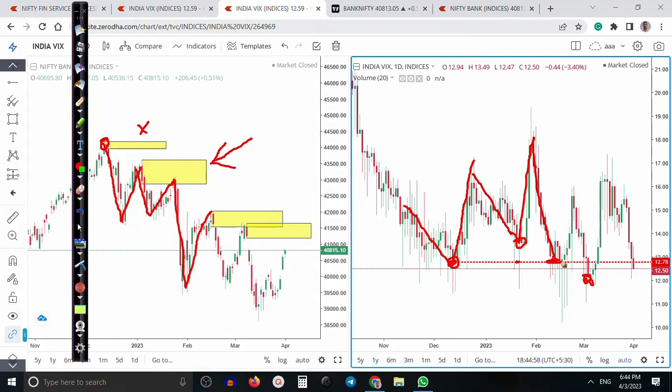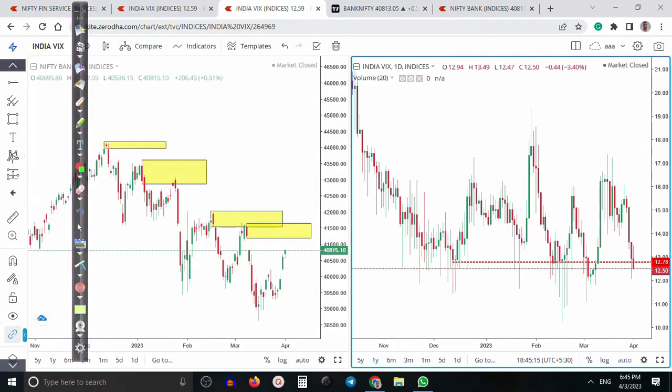Again it goes up, drops a little bit from this level, but is not able to go to this level. Again VIX goes to this level. Now I can see price starts falling from this area. Let me show you here. Now you can see VIX reached that level, the same area near 12, and price started falling from this area.